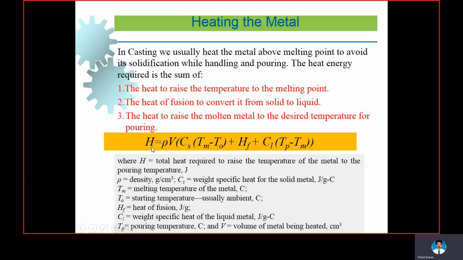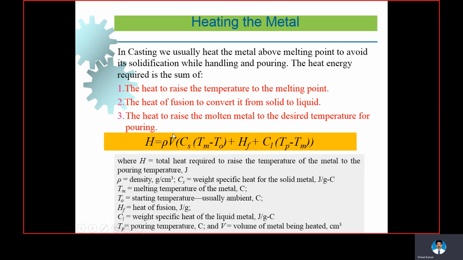This can be written as an equation. The heat supplied is equal to rho V, density times volume. What is density times volume? It is mass. So mass multiplied by the specific heat of the solid times Tm minus T naught.